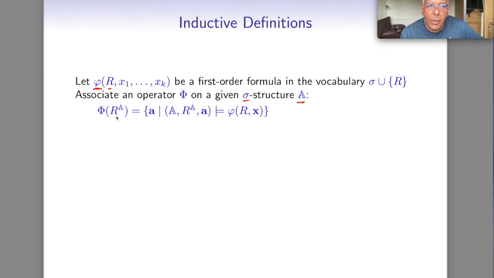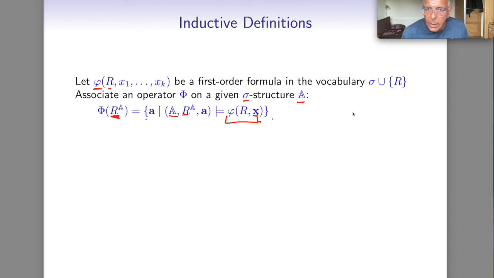So you fix an interpretation inside A for the k-ary relation symbol R. Now phi interpreted in this expanded structure has k free variables, so it defines a collection of k-tuples, right? So in other words, it itself defines a k-ary relation. So phi is a map from k-ary relations to k-ary relations. That's what I mean by an operator, right?